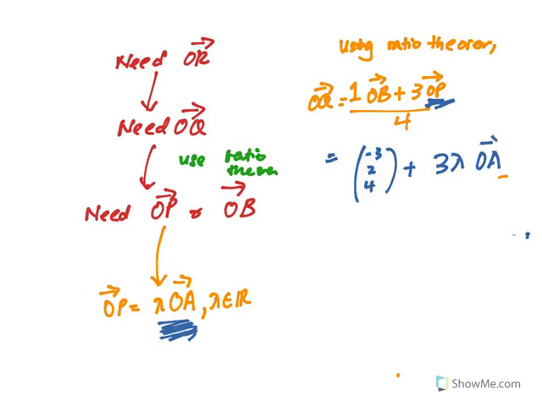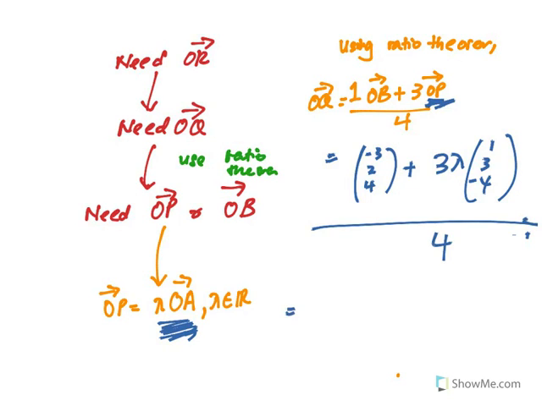So I substitute 1, 3, -4, divided by 4. The answer comes out, you should have -1/4, -3, 2, 4. So that's your OQ.